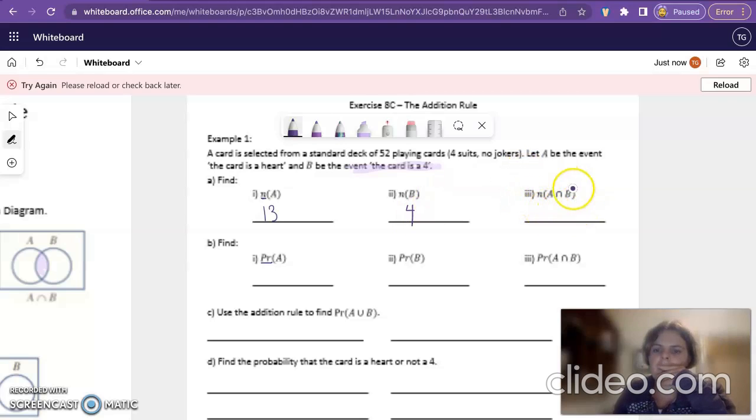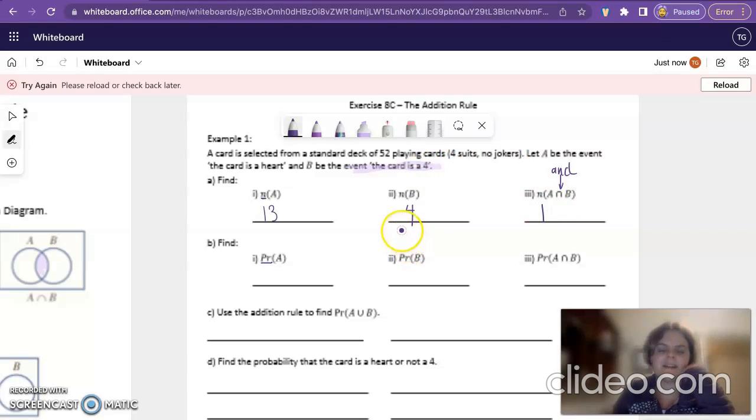All right, now we've got the number of outcomes that are A intersect B. Remember, intersect means and. So it's what is A and B? What is both a heart and a 4? So there's only one, the 4 of hearts.